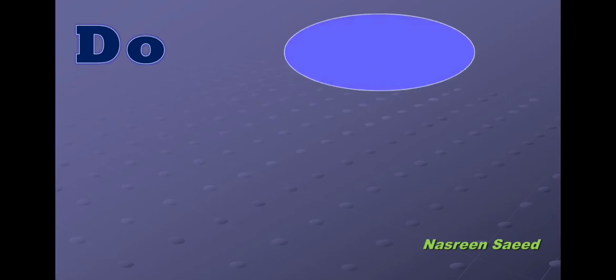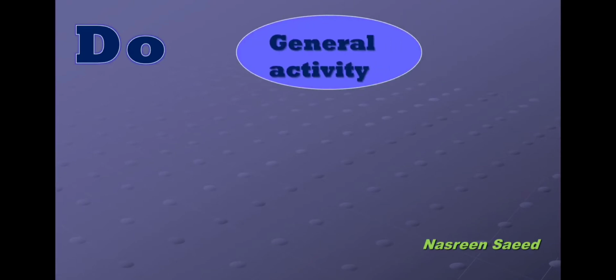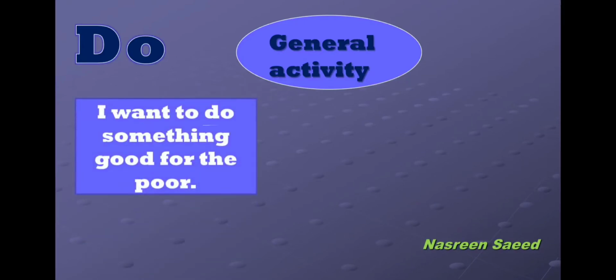Now again do is also used when we refer to general activity. कुछ भी general activity जो हमको करना है, there also do is used. Like I want to do something good for the poor. So the person wants to do something good for the poor. उसे poor के लिए कुछ करना है.